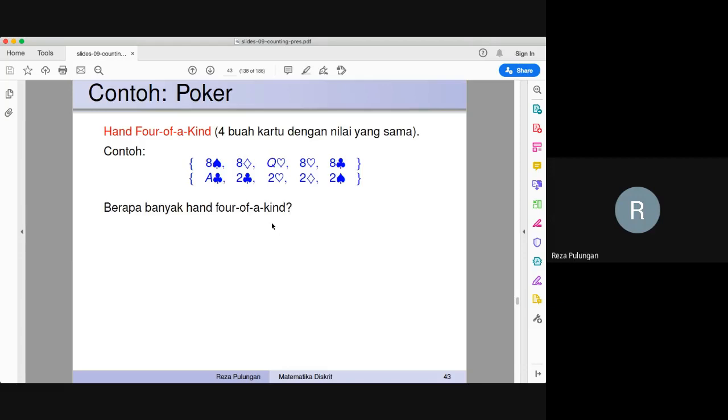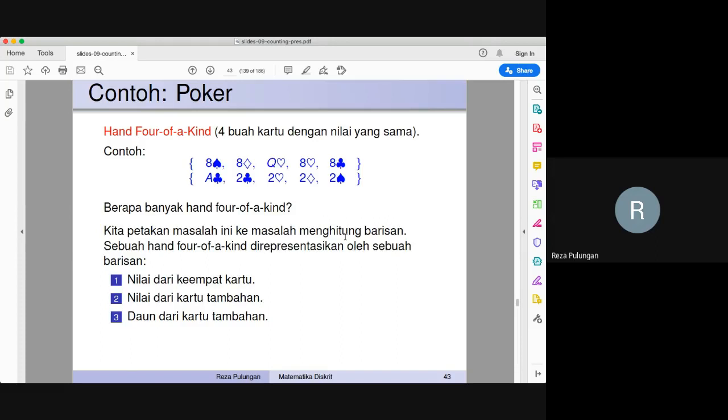Now, the problem is, what is the probability of obtaining a 4 of a kind hand? Well, we can bring this to our counting problem, and we can map this problem to counting in a sequence. This is not a sequence, but we will be able to bring this into a sequence. A hand 4 of a kind is represented by a sequence that consists of three things.